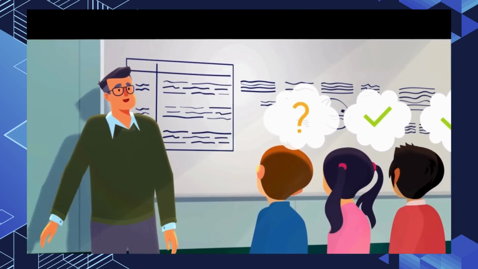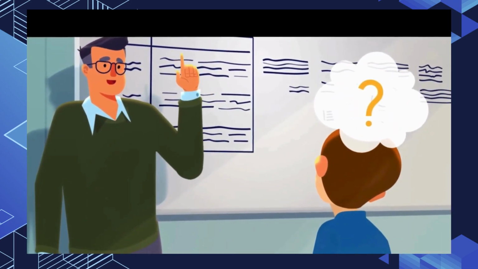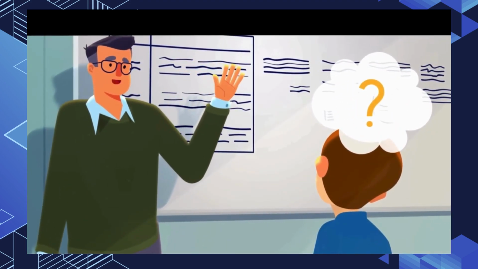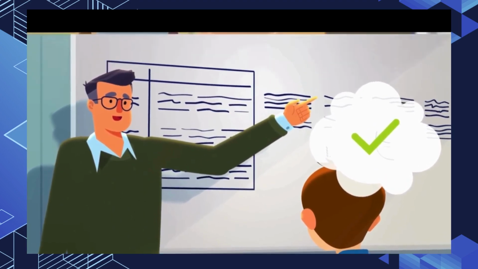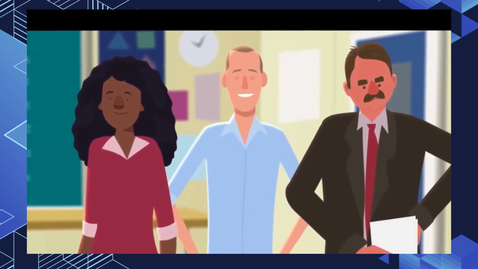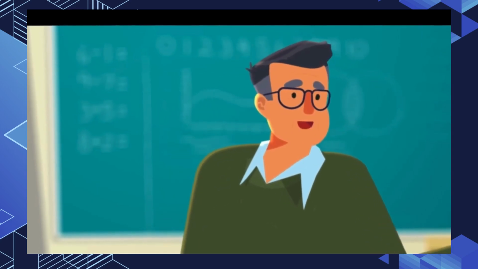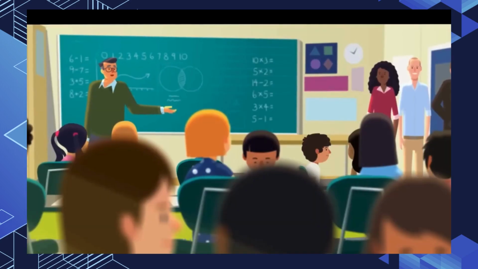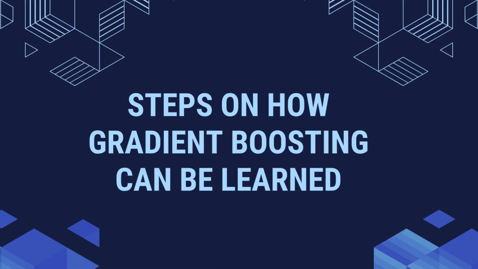By repeating the steps multiple times, each time creating a new lesson plan based on the set of errors, the students will be able to become more confident and better at identifying and correcting their mistakes, which leads to improved overall performance. With that being said, gradient boosting is a powerful tool as it combines many weaker learners to make strong learners. So, to deeply understand, these are the steps on how gradient boosting can be learned.